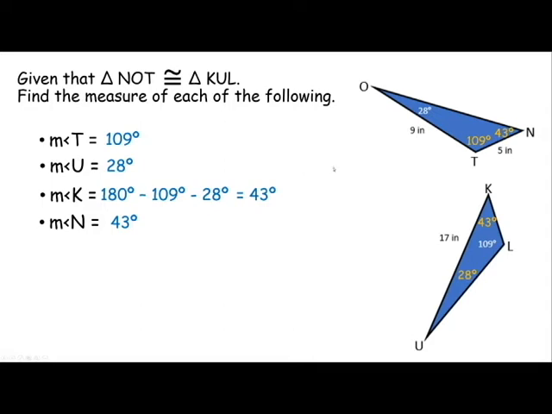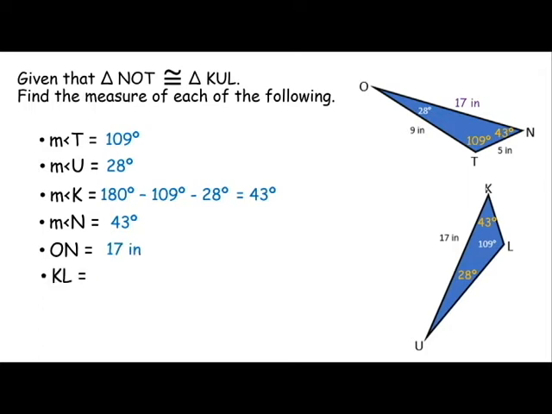I want to do the same thing with the sides. Can you figure out how long side ON has to be? Once again, pausing the video if you need a second to think. I'm going to look up here and see ON is going to match up to UK. UK down here is 17 inches. So ON must be 17 inches as well.